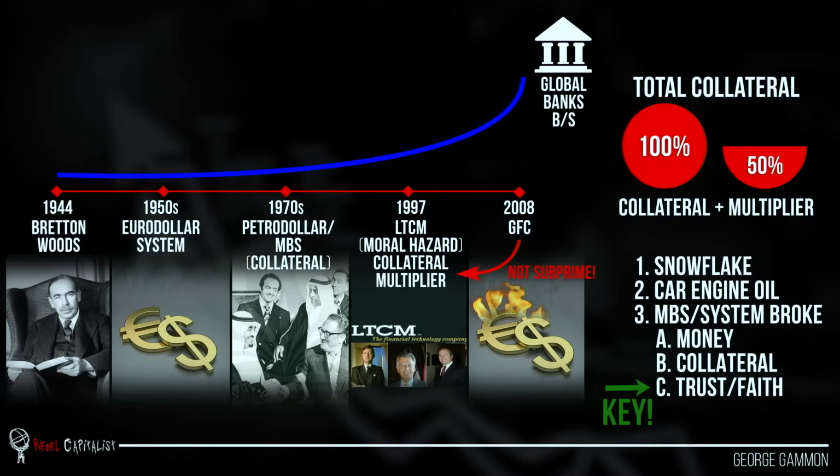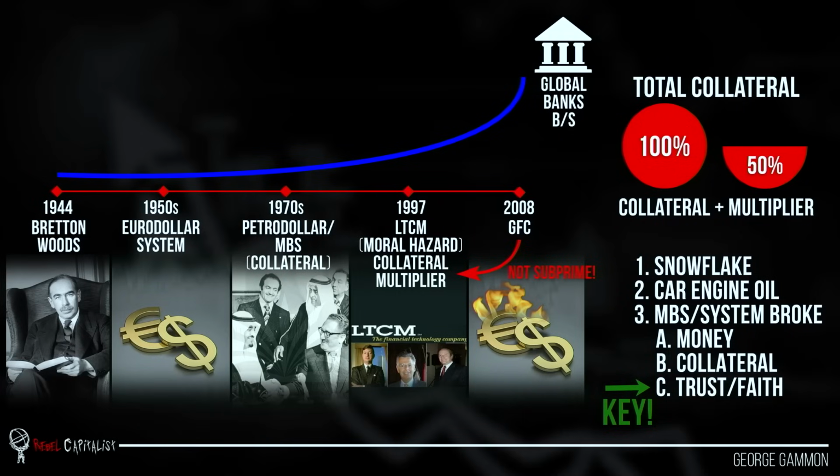Because you had a system that was basically completely built on trust and faith. Because there were no dollars. Dollars don't exist. There wasn't any collateral. The collateral doesn't exist to a certain extent. It's all just entries on banks' balance sheets.